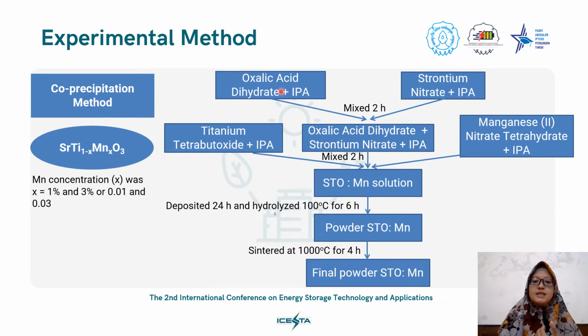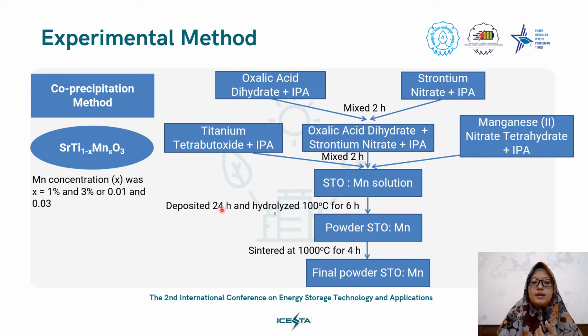First, oxalic acid dihydrate and strontium nitrate were separately dissolved in isopropanol, and the two solutions were mixed. Separately, titanium tetrabutoxide and manganese nitrate tetrahydrate were mixed in isopropanol, and the three solutions were mixed to get the solution of Mn-doped SrTiO.